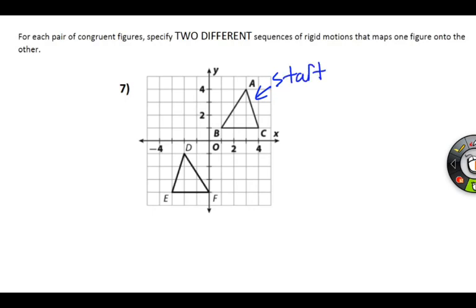So this is saying that triangle ABC is congruent to triangle DEF. So we want to figure out how I could get the A to lay on top of the D perfectly.